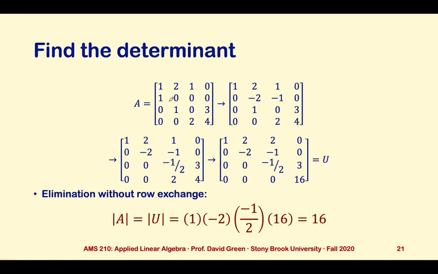Our matrix A is not in triangular form, so we can't simply take a product of diagonal entries. It's not simply a rearrangement of a triangular form, and so we can't simply do row exchanges.